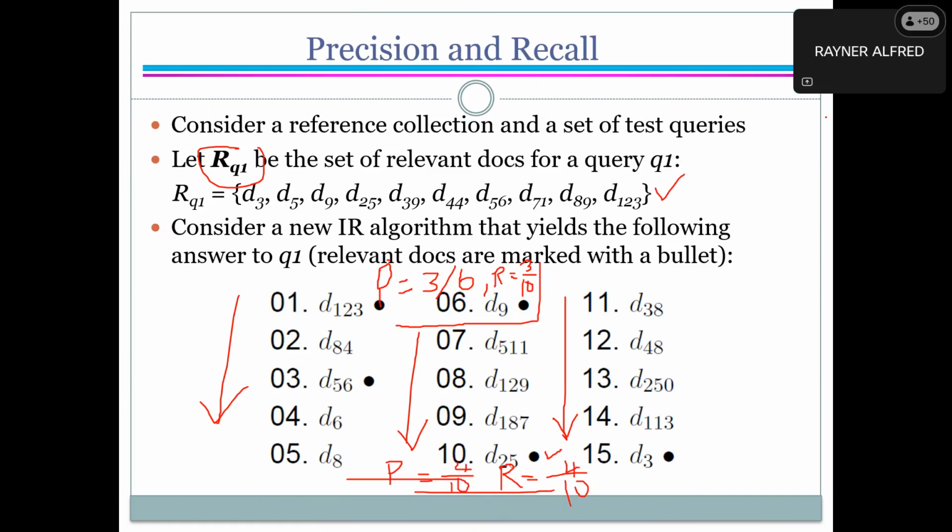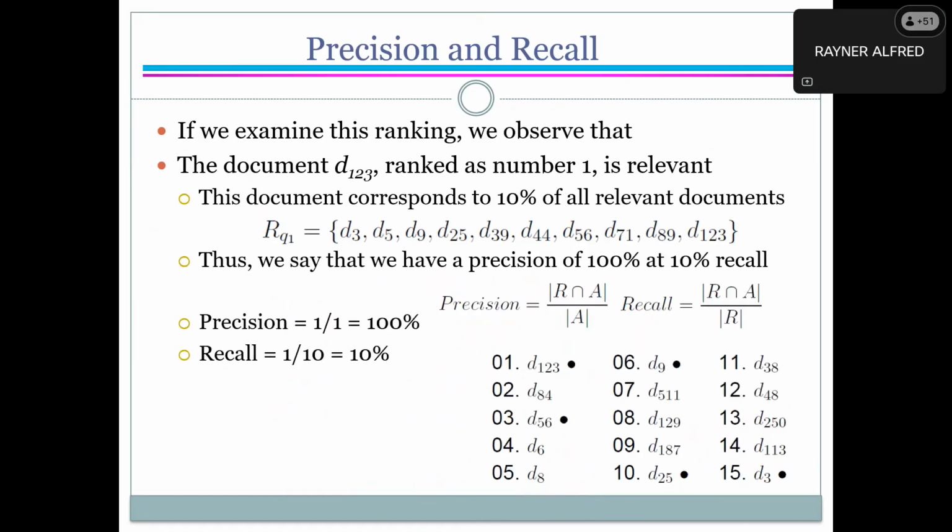Okay. The last one here. What is P? What is the precision? 5/15 and 5/10. Okay, so very good. So what we want to do is list all the precision and recall.